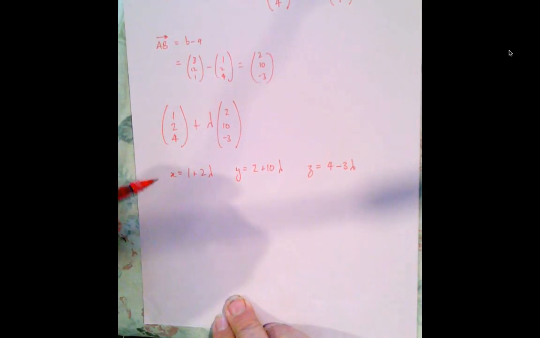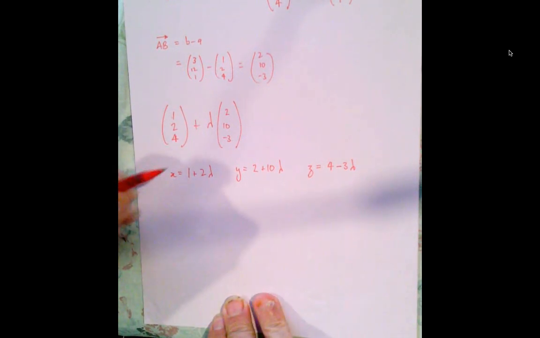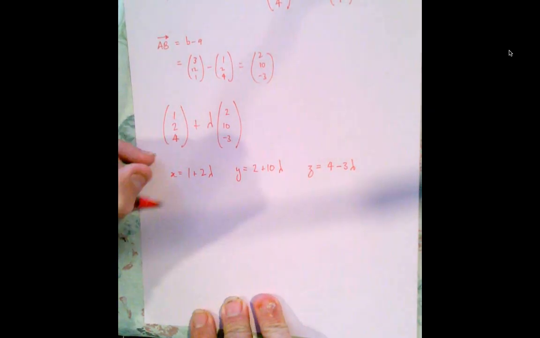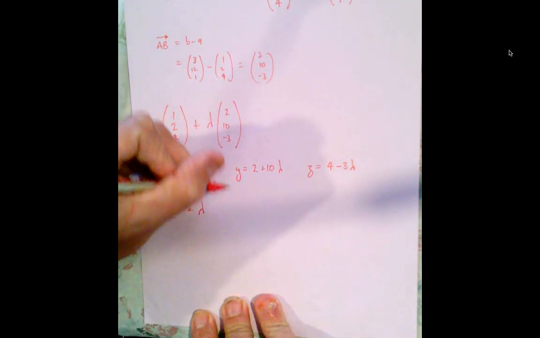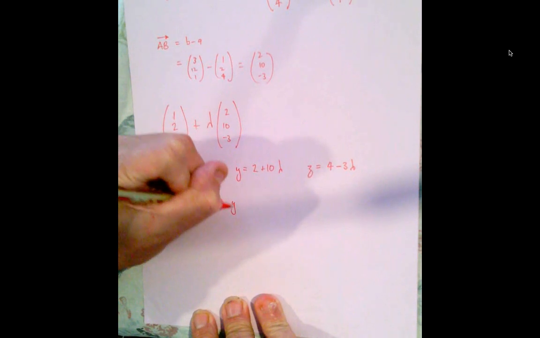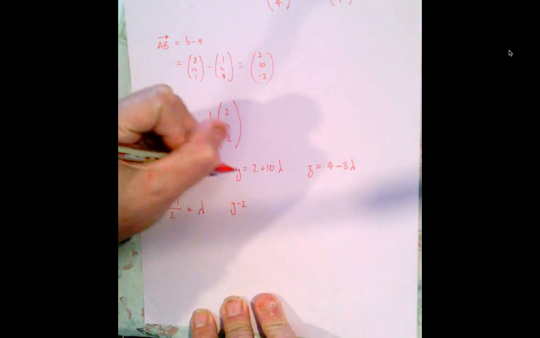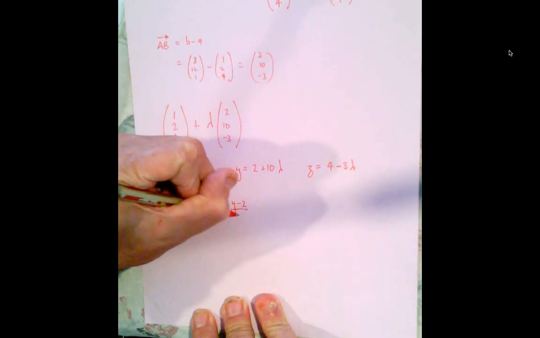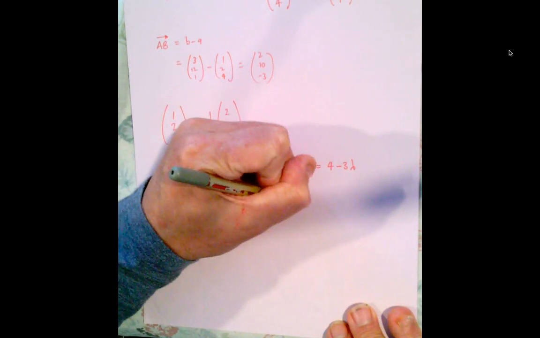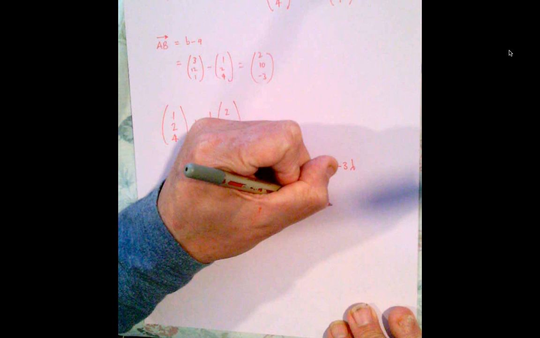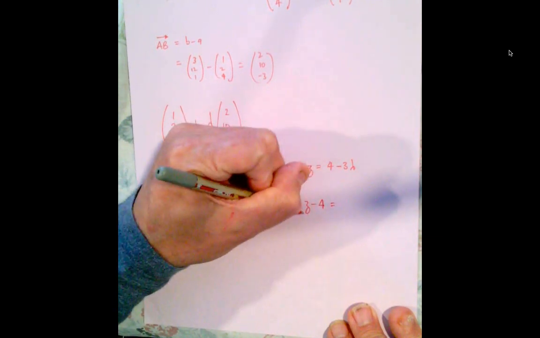We could also write them out in terms of lambda. If we take the 1 over, it becomes x minus 1, then we've got to divide by 2. That's what lambda is. Here we're going to have y minus 2, and when we take this over, we've got to divide by 10. That's what lambda is. And here we're going to have z minus 4, and then we've got to divide by minus 3.